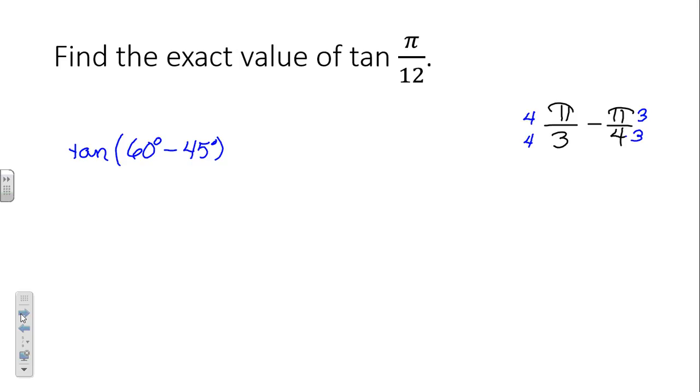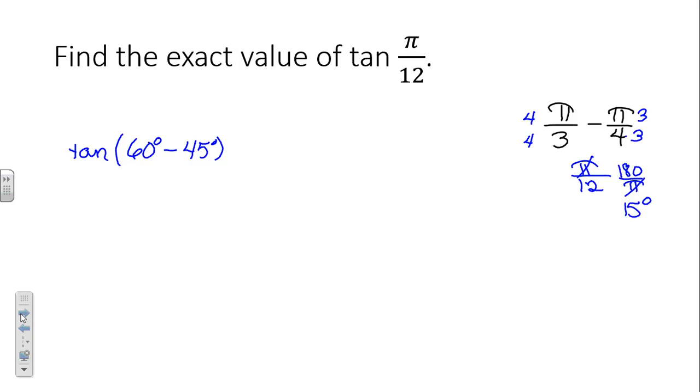Okay? All right. So I don't want to confuse anyone, but we could work this completely in radians and not have to convert it to degrees, right? But if you want to convert it to degrees, if we take pi over 12 times 180 over pi, we end up with 15 degrees.